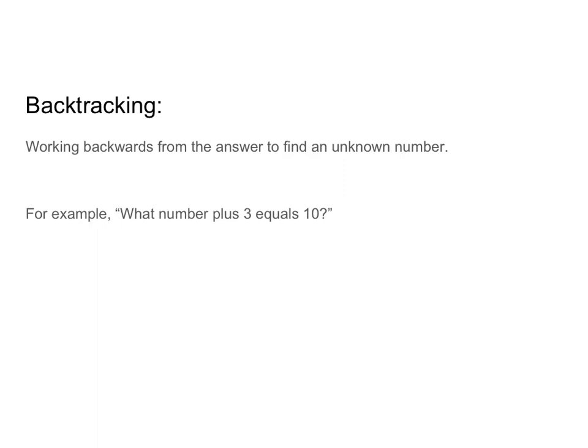So for example, we might ask, what number plus 3 equals 10? So in this case, we have some unknown number that we are adding 3 to, and we're getting 10.